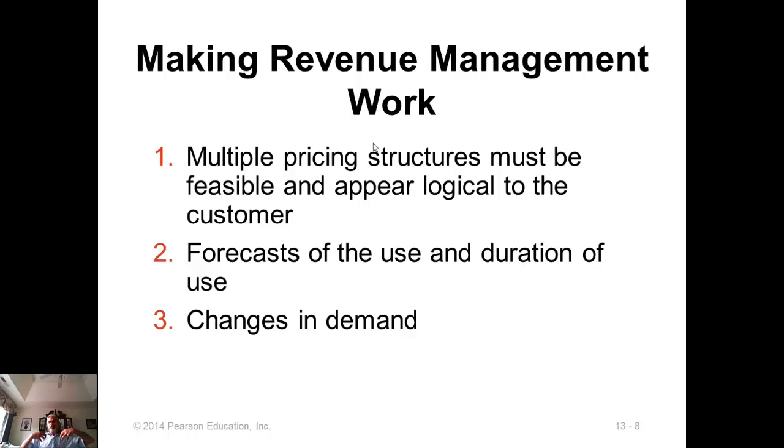So there must be some fairness built into the pricing structure. Like if you book 2 weeks in advance, you get a price break. But if you don't book 2 weeks in advance, you have to pay a premium, and that kind of pricing structure is understandable. There is an inherent fairness in it. But if it is arbitrary, then it becomes problematic.